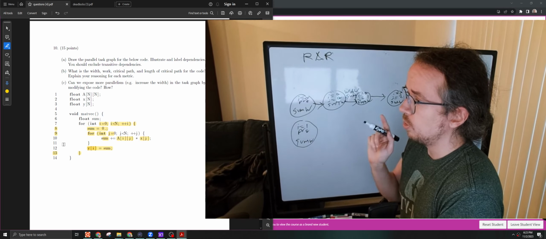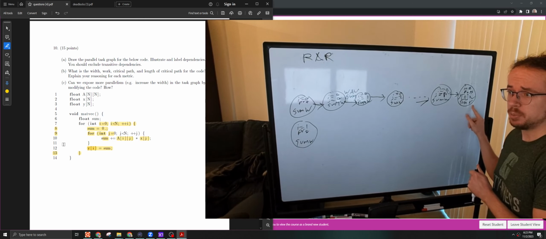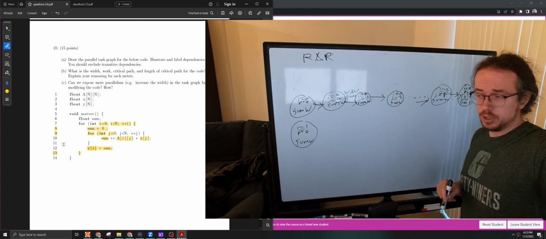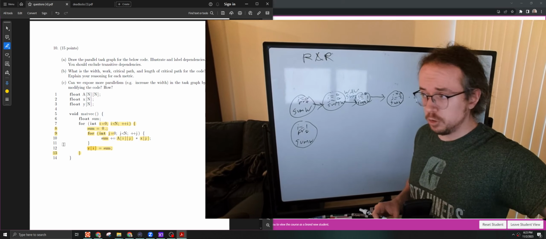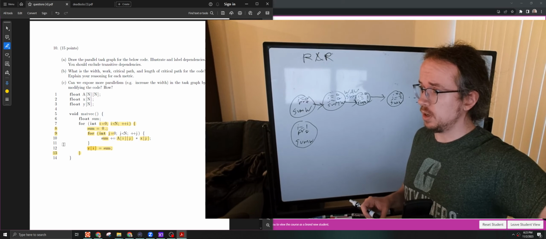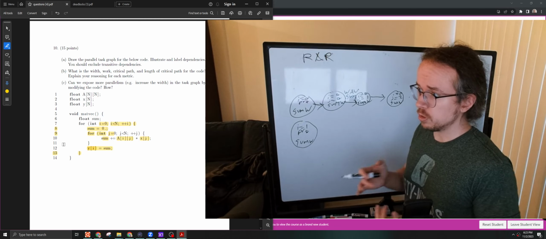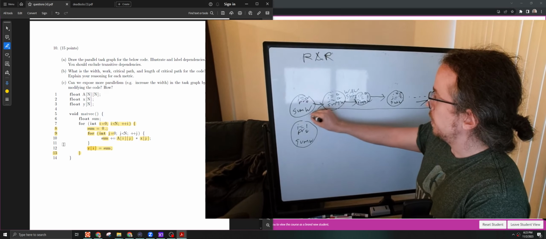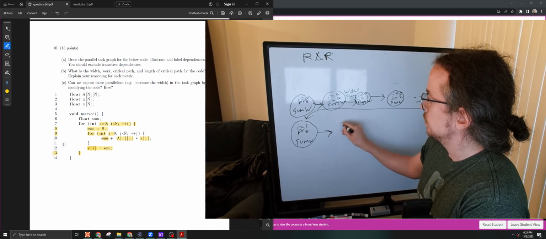Notably, we depend on the sum that we just read from. This happens first if you execute this sequentially, right? We do y[0] equals sum. Then we loop back around and we reset sum. That means we need to read the value from sum before we set sum back equal to 0. So we depend here. And then this pattern is going to repeat.